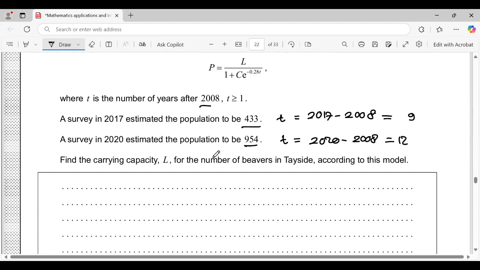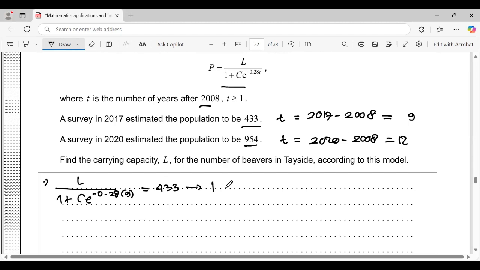Right, so substitute into this formula. The first formula becomes L over 1 plus C e to the power minus 0.28 times 9 equals 433.